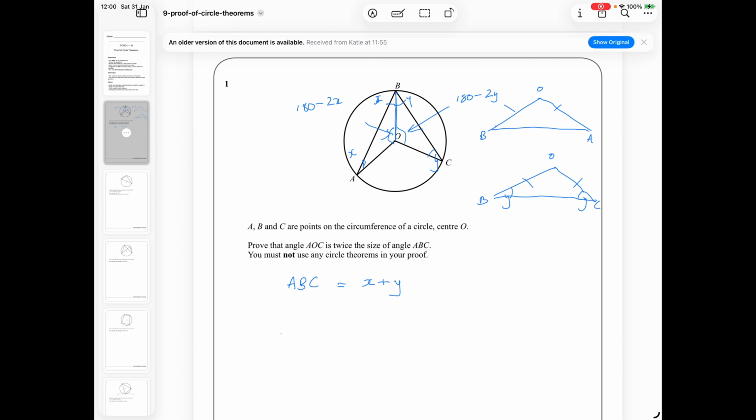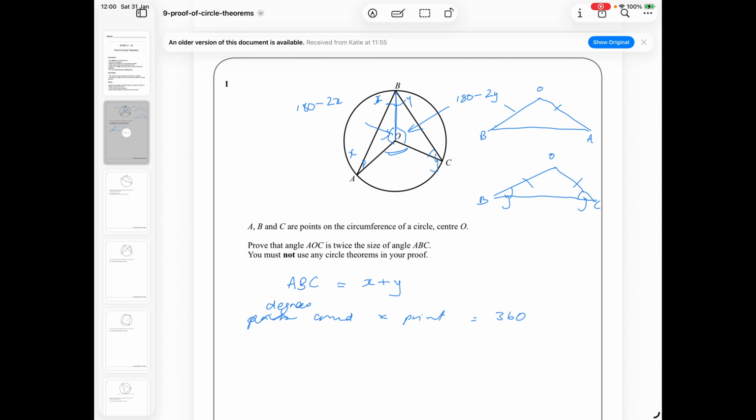And we know that AOC, well, we don't know that, do we? So we're trying to find this bit there. So what we're going to do is assume that the degrees around a point equal 360.